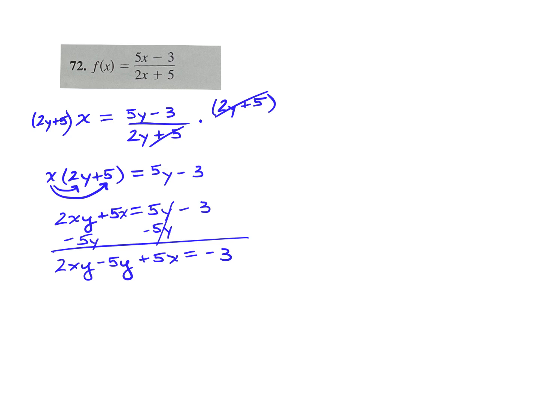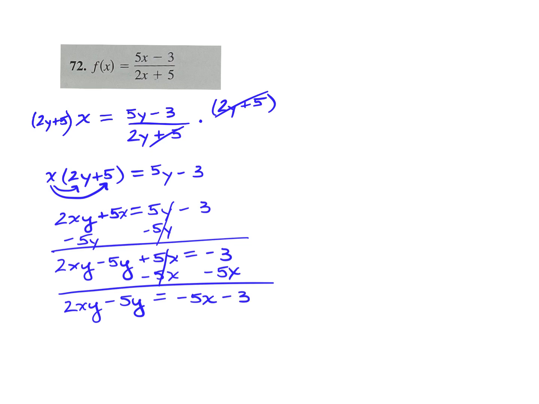Now again, I'm trying to isolate y, so the term that doesn't have a y has to be moved to the other side. So I'm going to subtract 5x on both sides. And so when I do that, now I've got my 2xy term minus my 5y term, and that's now equal to negative 5x minus 3.